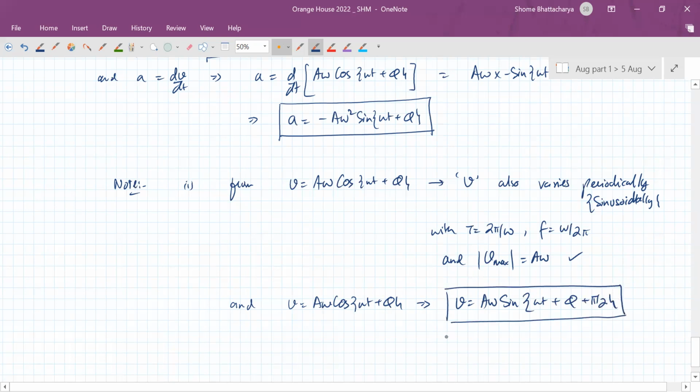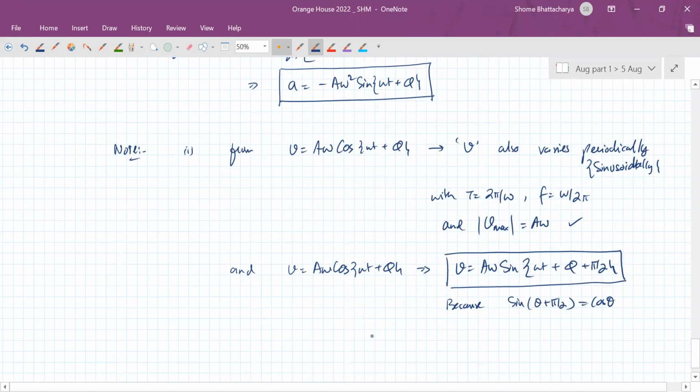Because you know the general trigonometric relation that sin(theta + pi/2) is cos theta. So what this tells us is that v has a pi/2 phase difference with respect to this thing, x.